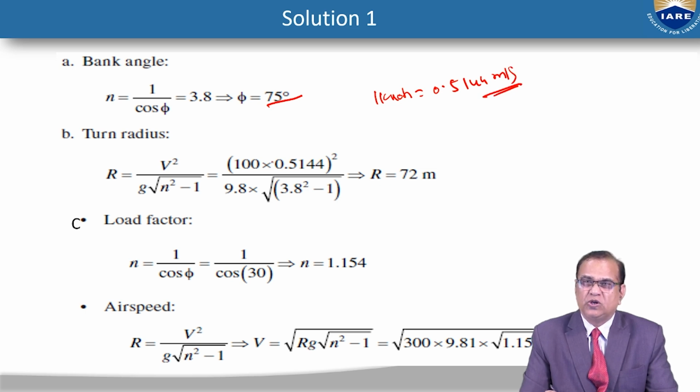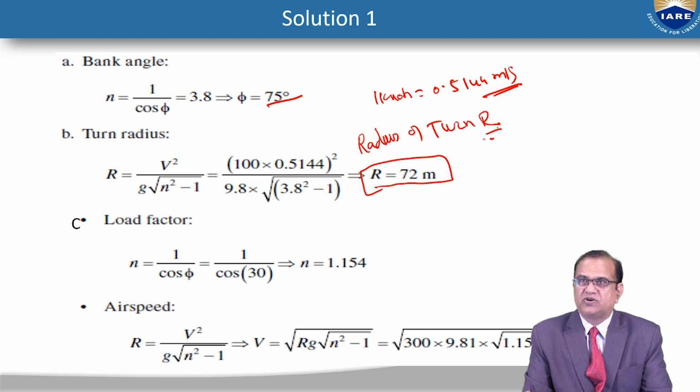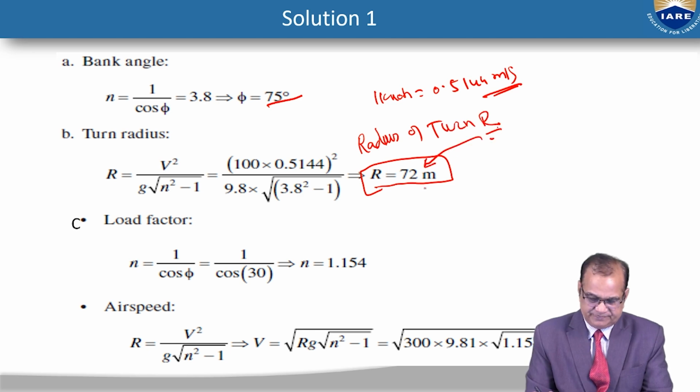This you have to use. So V square by 9.8 into under root 3.8 square minus 1. So you will get 72 meters. The radius of turn R is equal to 72 meters.